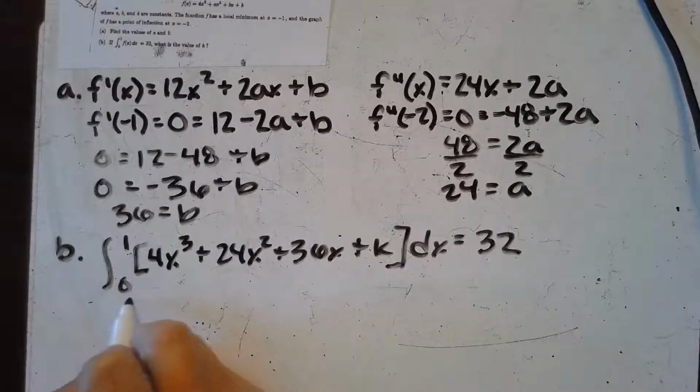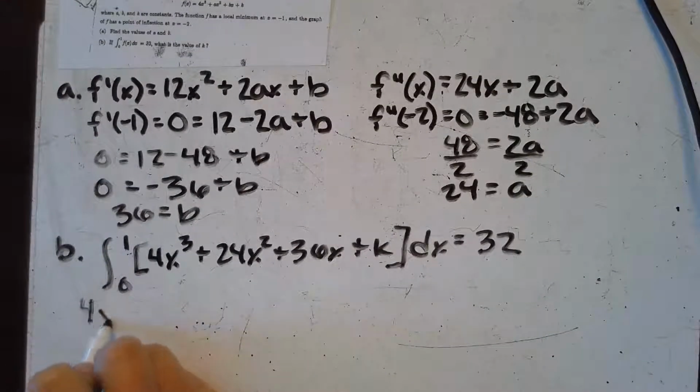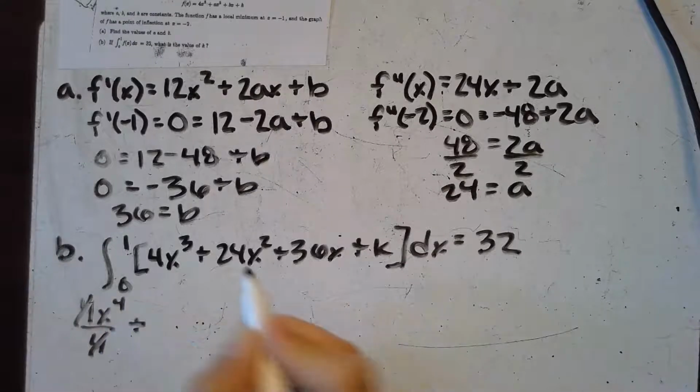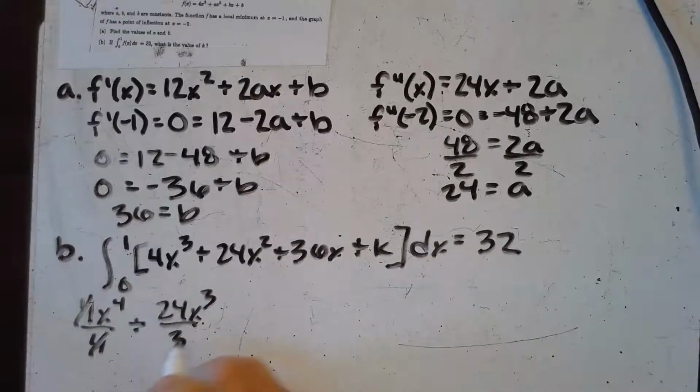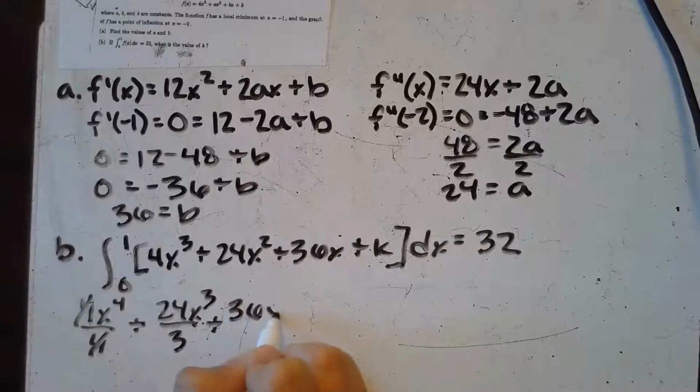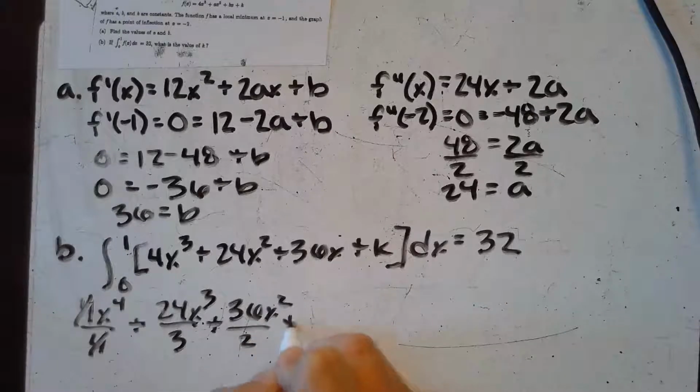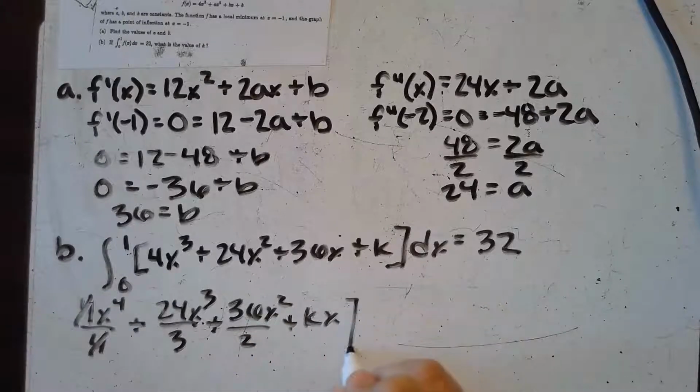So here, this would be 4x to the 4th over 4. Well, those cancel. Plus 24x to the 3rd over 3 plus 36x squared over 2 plus kx, and I'm doing it from 0 to 1. And it's supposed to equal 32.